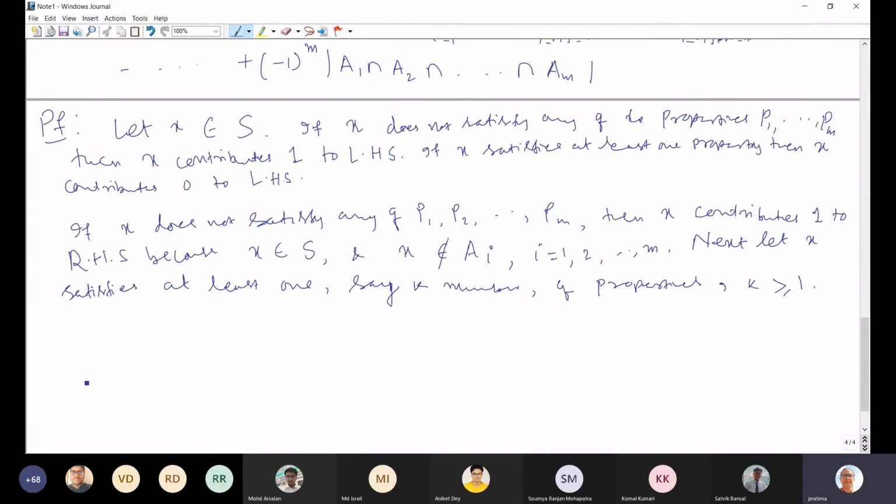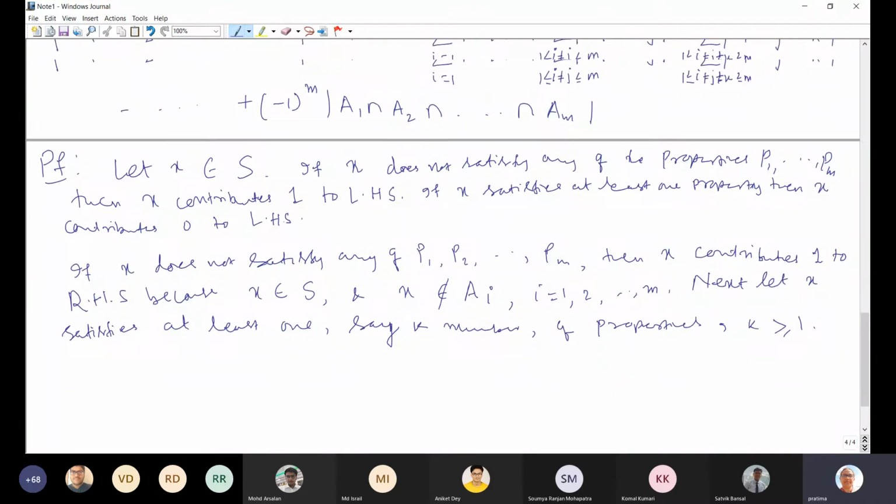So if X satisfies at least one of the properties, then what will we get? Suppose it satisfies k number of properties. You calculate whether X contributes 1 or 0 to which terms.